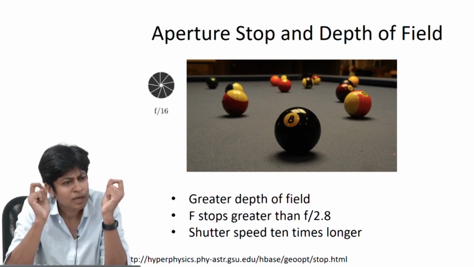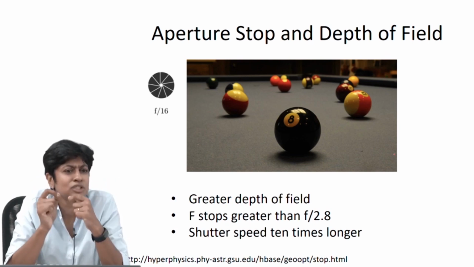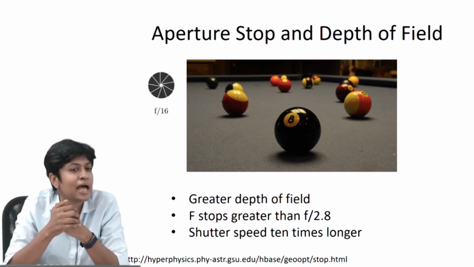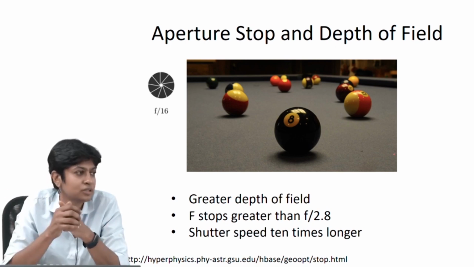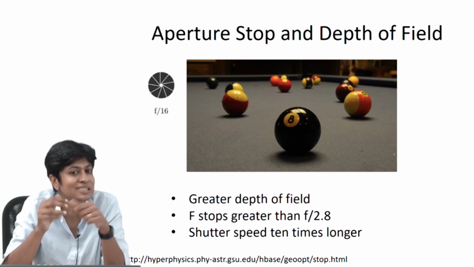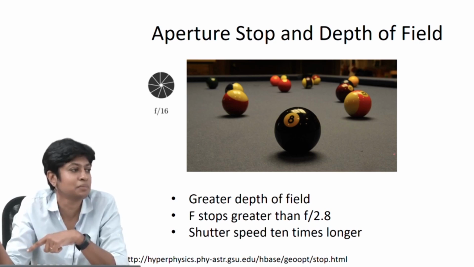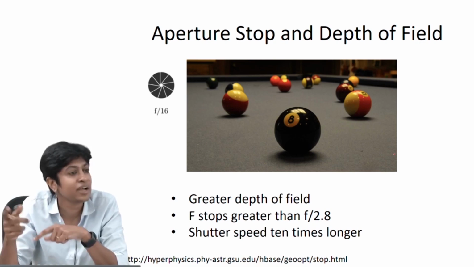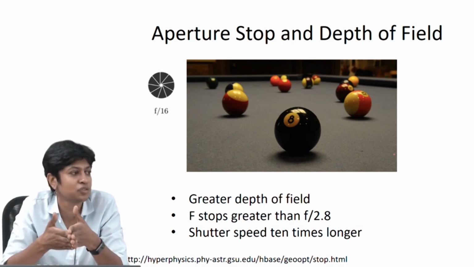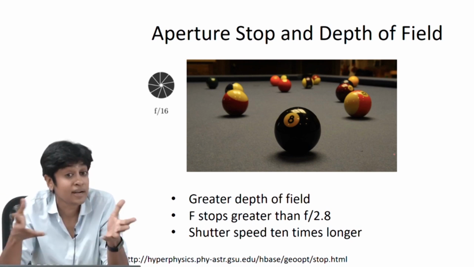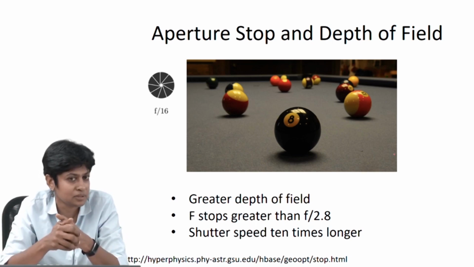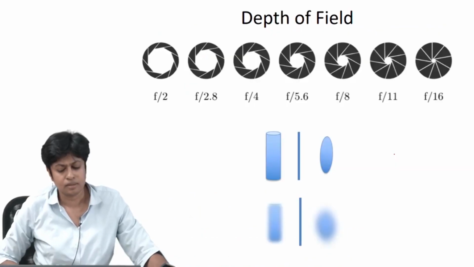But you should be able to now get the idea: the aperture stop limits rays traveling through the system, and by controlling which rays travel through the system, I should be able to improve the quality of my image, because some rays will definitely make the image worse, and if I cut them out, I'll improve my image. Okay, and we'll see over the next few classes what aberrations are and how using an aperture stop would actually help us.